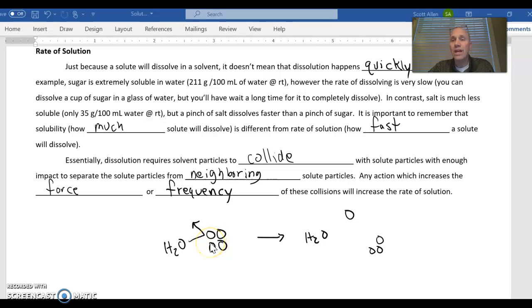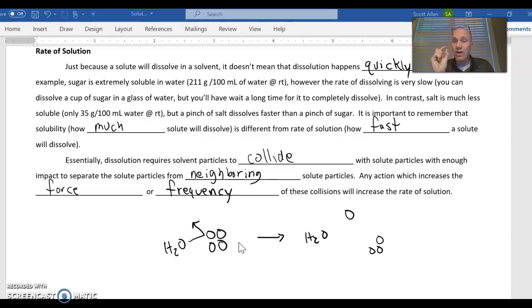When that sugar is dissolving, these molecules have to collide with the solvent molecules, which in this case would be water, in order to dislodge the molecule from the neighboring solute particles that they're currently stuck to.